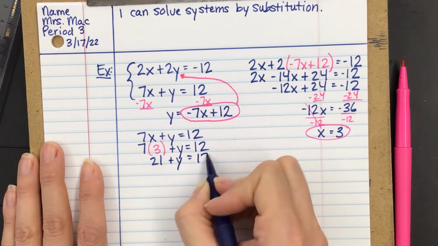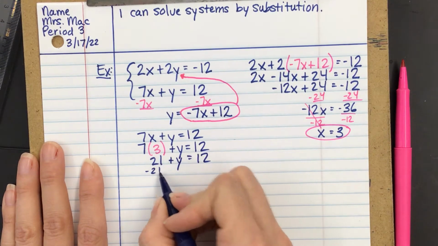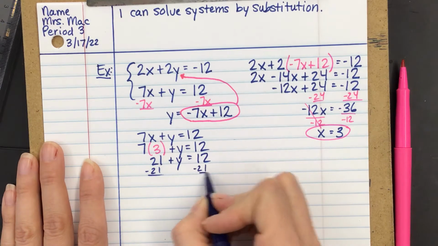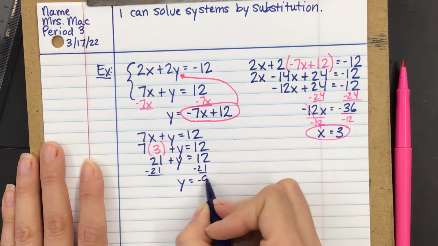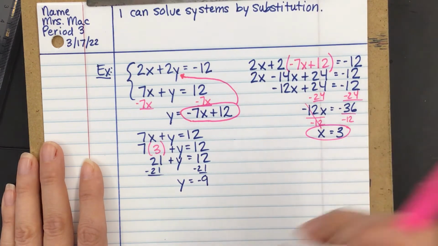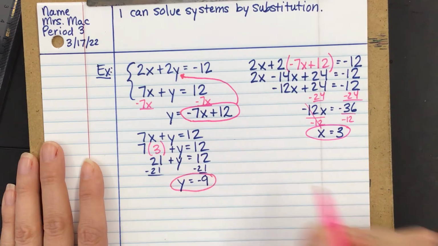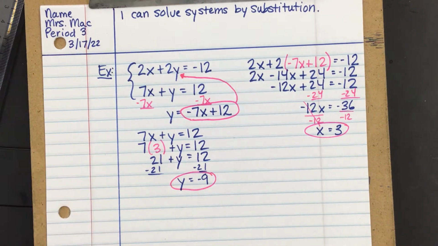So it looks like y is going to be -9. Okay. So your solution then is the ordered pair 3, -9.